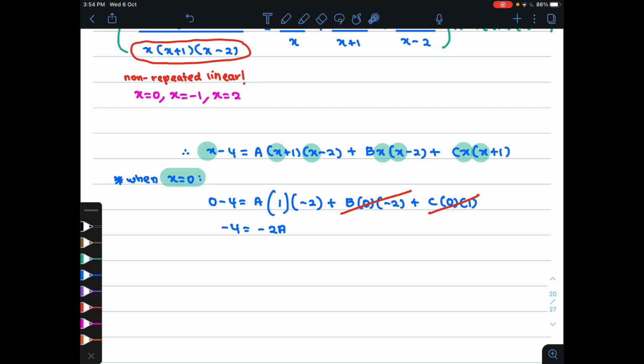So you're just left with negative 4 equal to negative 2A, and hence A is 2.